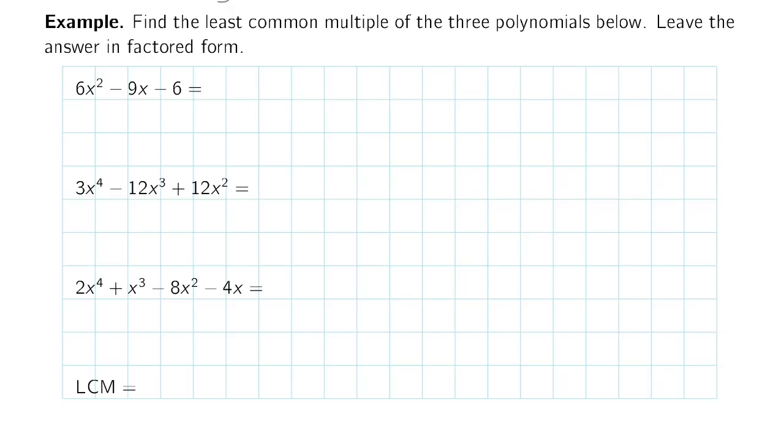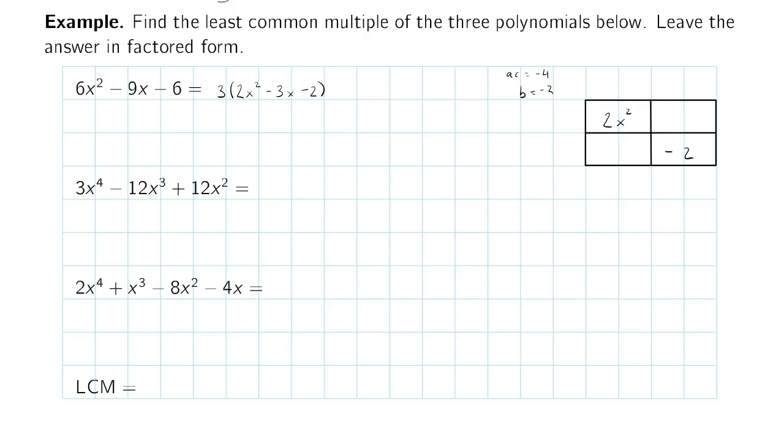I'm going to start by factoring the greatest common factor. That's 3 times 2x squared minus 3x minus 2. So this trinomial, quadratic, leading coefficient not 1, I'm going to use the AC method. So I've got 2x squared and minus 2. My AC is negative 4. My B is negative 3.